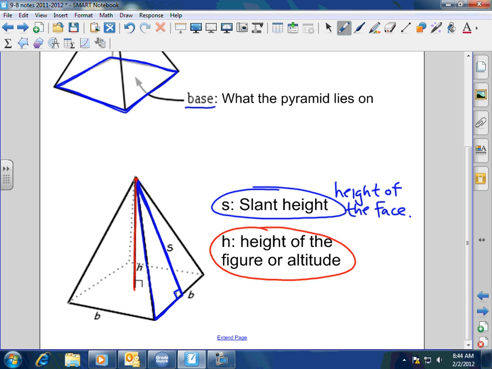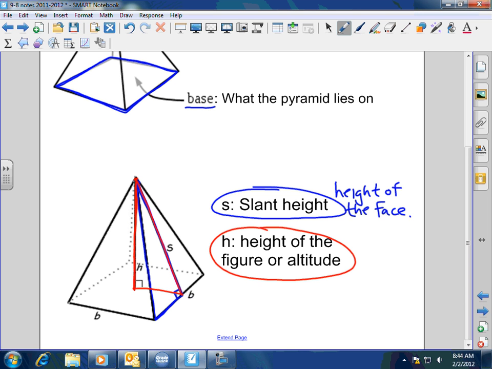I can also create a right triangle with the altitude, and then from half of the base cutting across to the slant height, and now I have another possible right triangle. So I've got two possible right triangles that I can create here using the slant height, the edges, half the base, and the height.